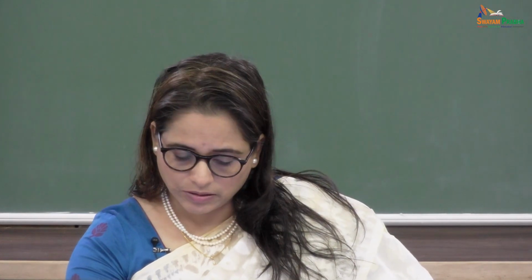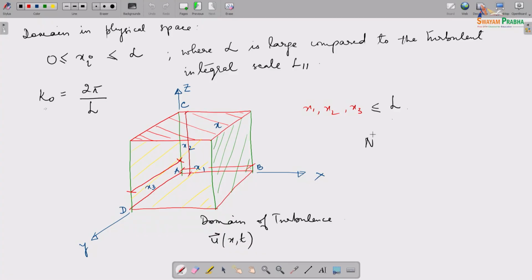So only as much as is possible is what we should be able to do. So anyway, in DNS, n wave numbers are represented, right?